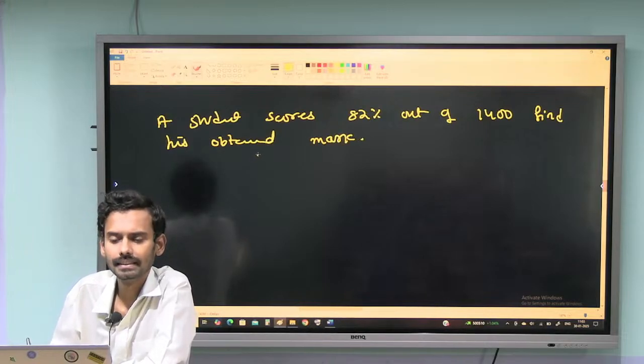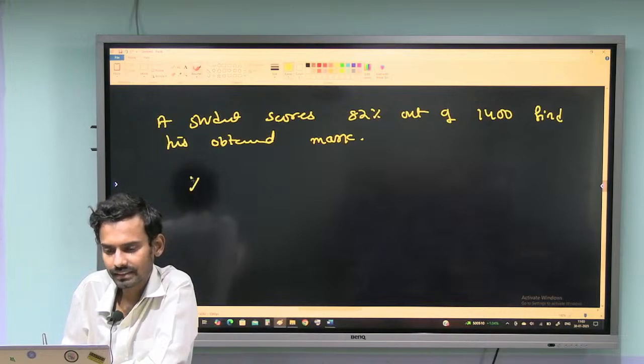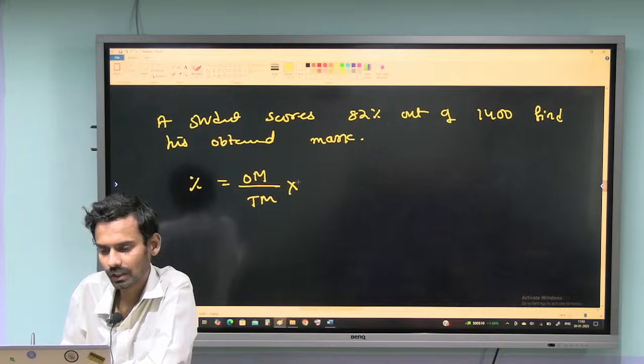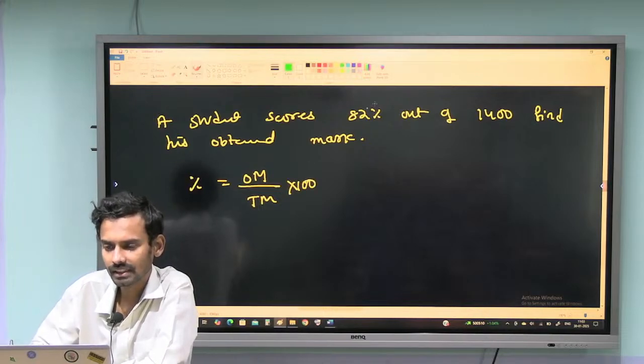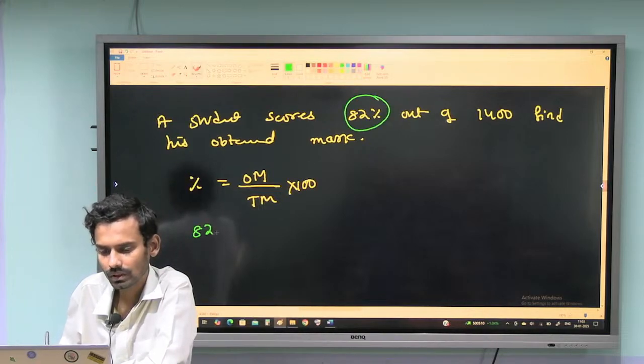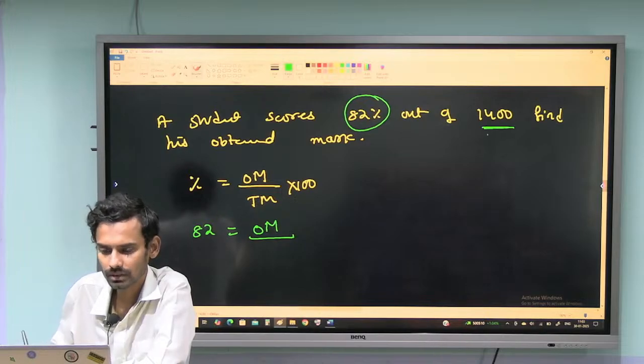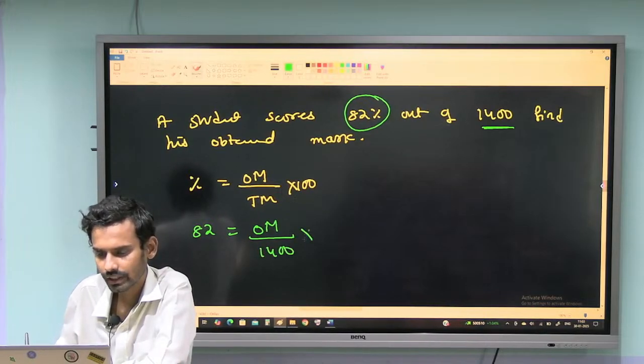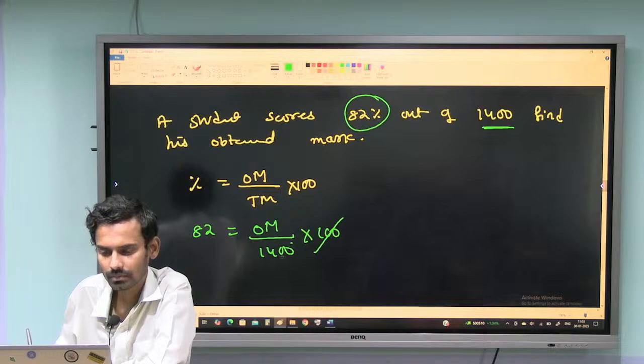If the question is like this, percentage is equal to obtained marks divided by total marks into 100. What is given to me? Percentage is given, that is 82, equal to obtained marks, which we need to find, keep it as it is, divided by total marks, 1400, into 100. You can cancel the double zeros.